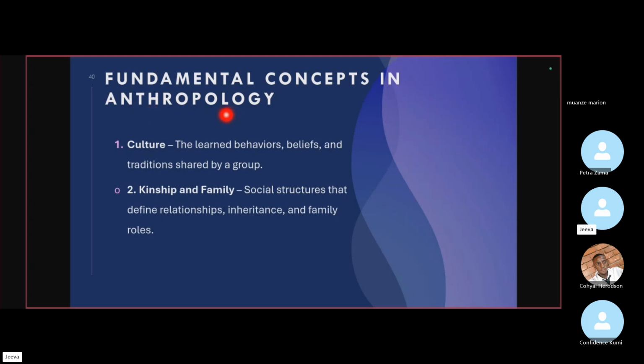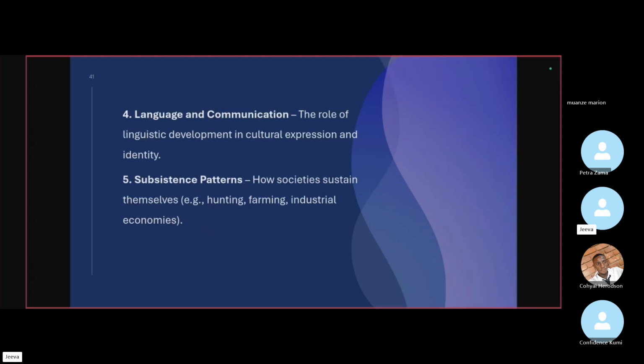So let me list them out one by one. One is culture, that is different beliefs and traditions which shape the community. Then kinship and family, that is social structures that define relationships, inheritance, and family roles. Then language and communication, like the role of linguistic development, as different people have different languages worldwide.